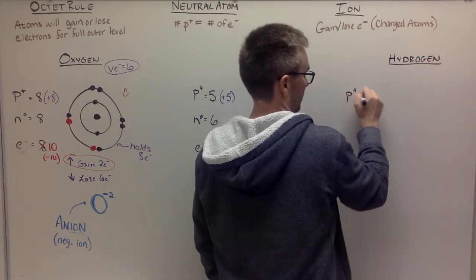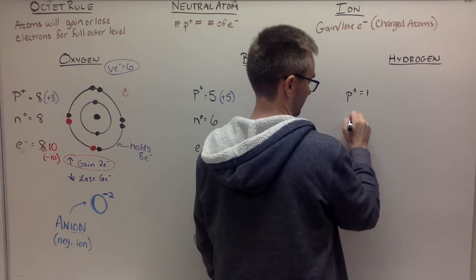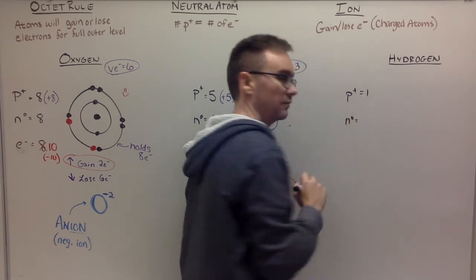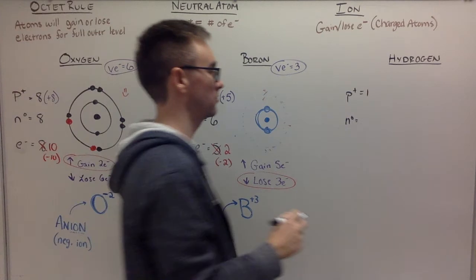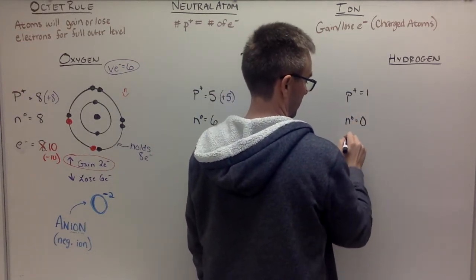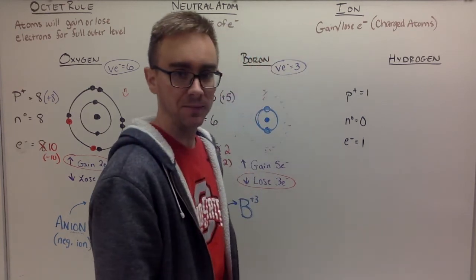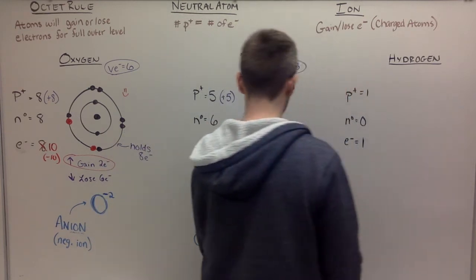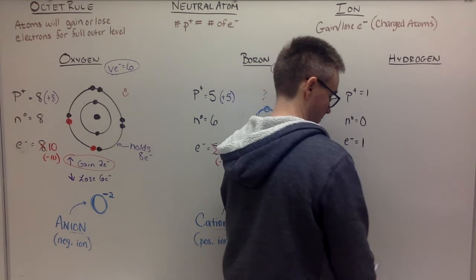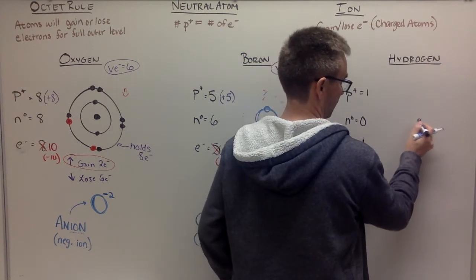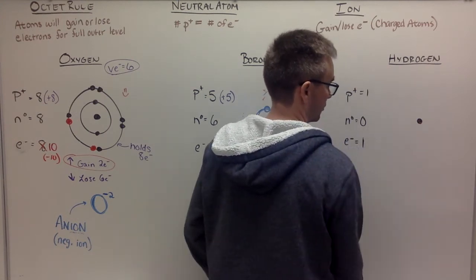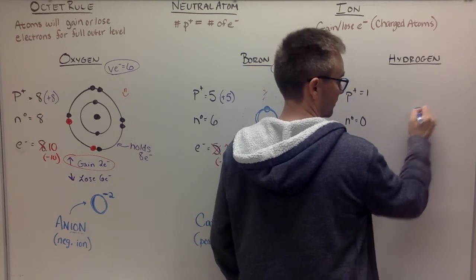So hydrogen has one proton. If you look on the periodic table, it has 0 neutrons and 1 electron. So if I drew it, I've got my nucleus.